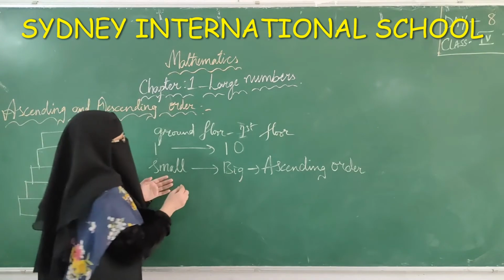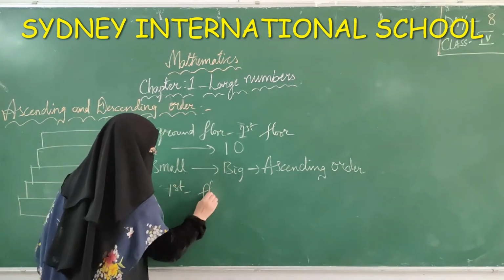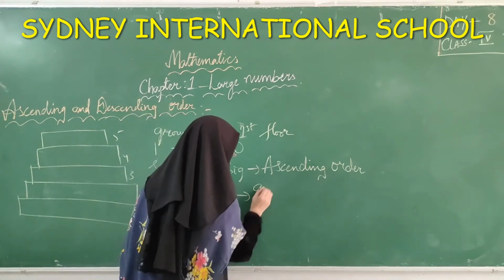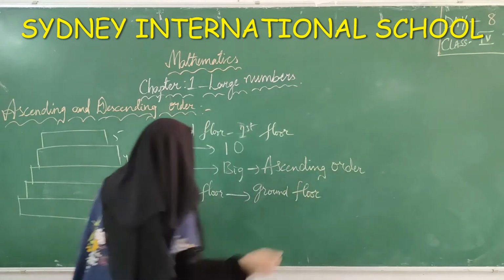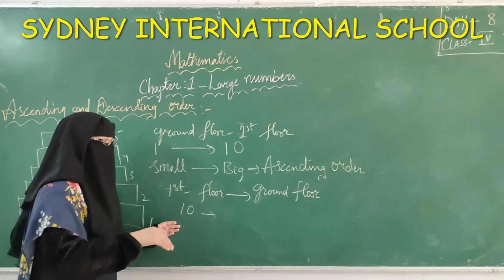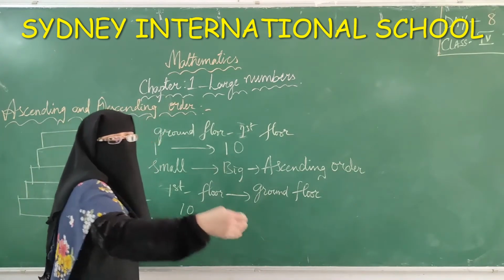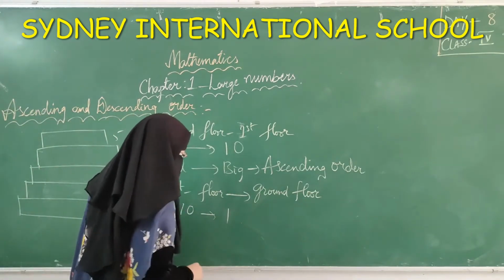If you are going from first floor back to ground floor, then we will go from the 10th stair, we'll climb down 10, 9, 8, 7, 6, 5, 4, 3, 2, 1, then reach our ground floor, right?